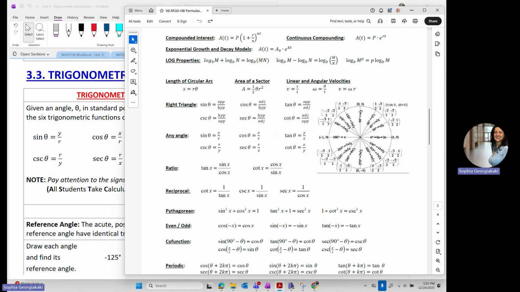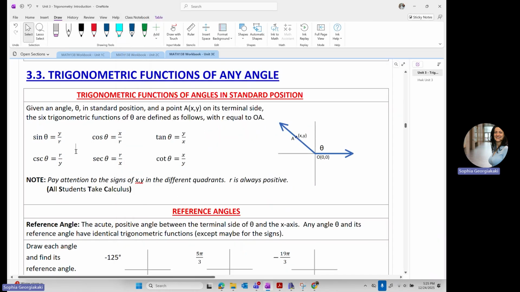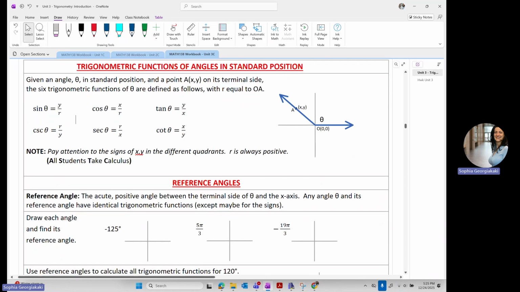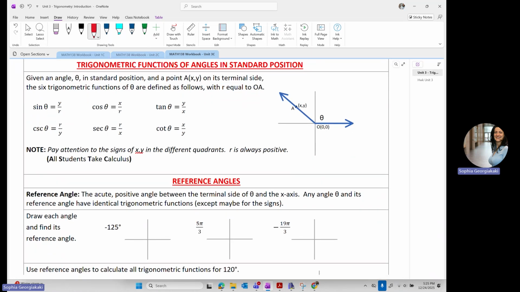So in a Cartesian coordinate system, we want all the definitions of acute angles to remain as they were. And if we have an acute angle theta in standard position, then its terminal side will be in quadrant 1.